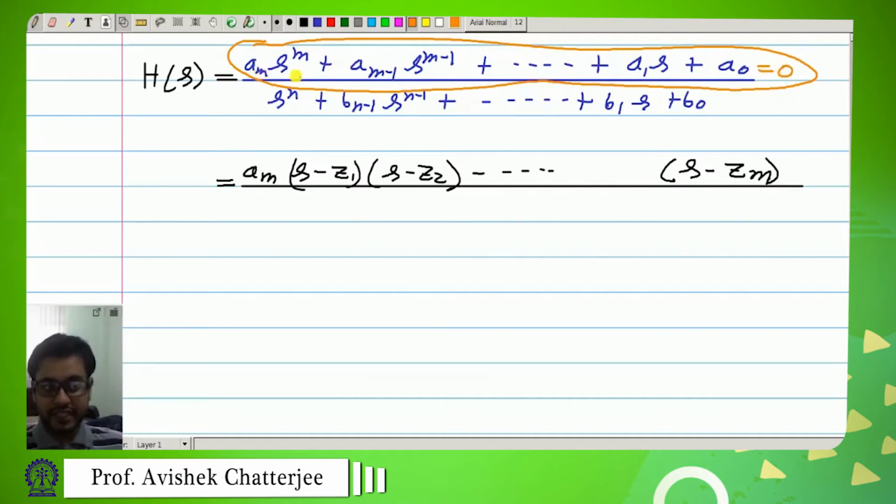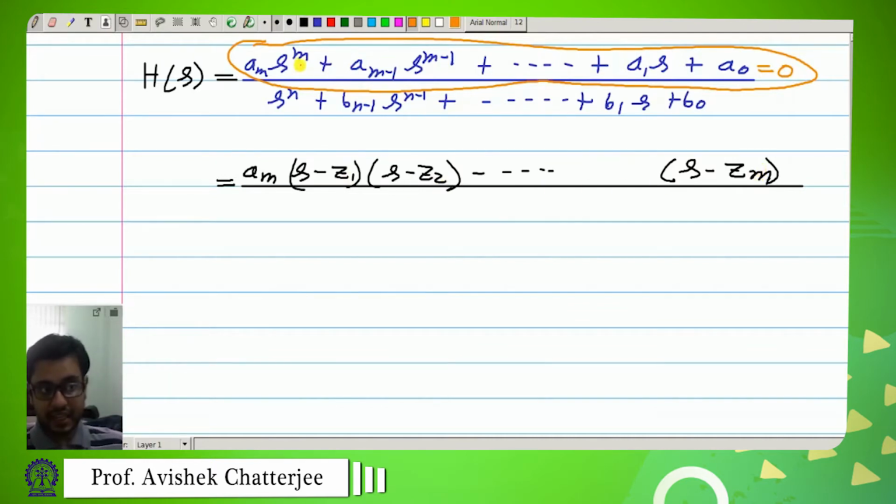If you set the numerator equal to 0 and find the roots of this equation, then those are represented as z1, z2, zm.